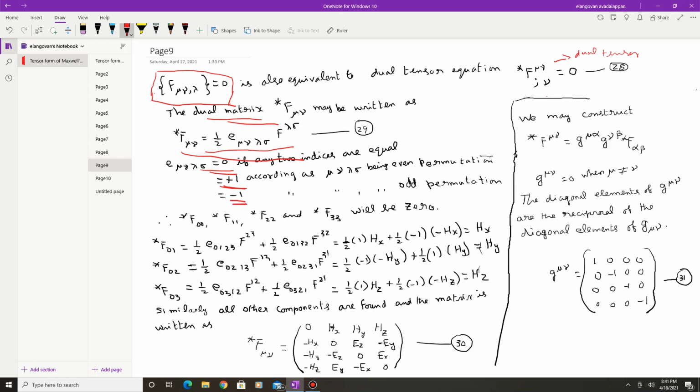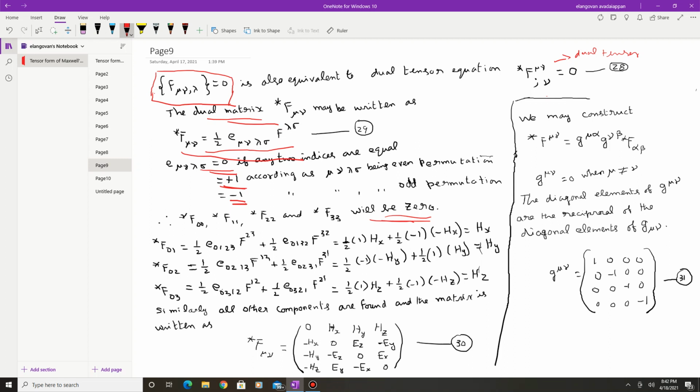So that is the meaning of E. Now star F00, star F11, star F22 and star F33 will be 0. You can easily show that this is an antisymmetric matrix, because for 0 0, 1 1, 2 2, two indices are equal, so all these components are 0.